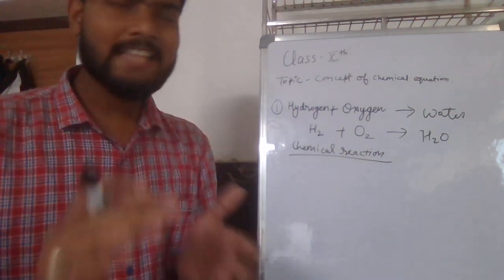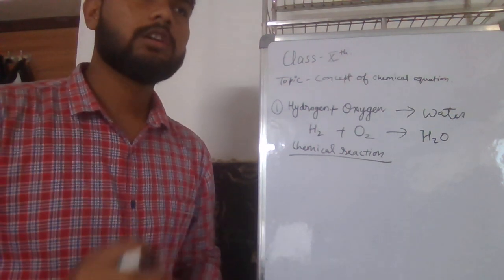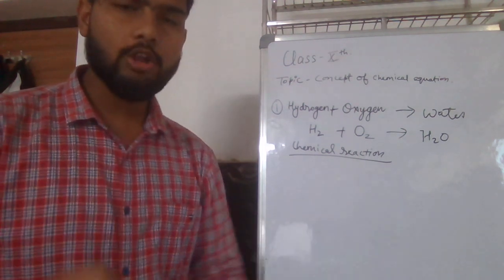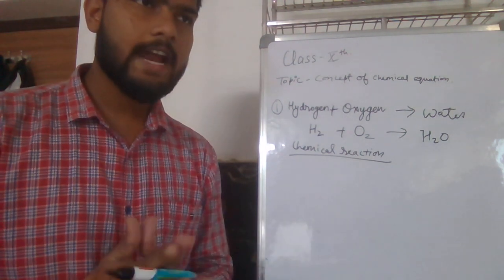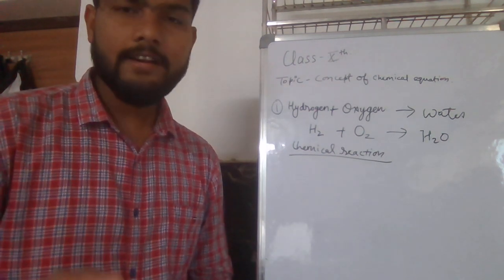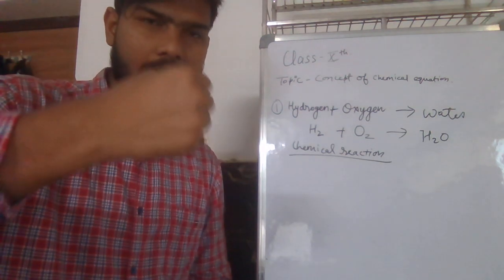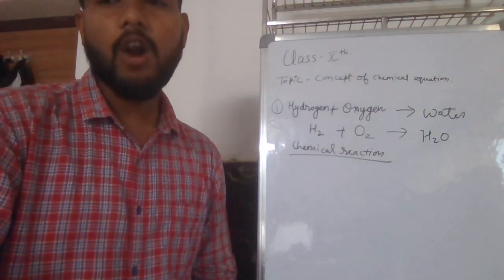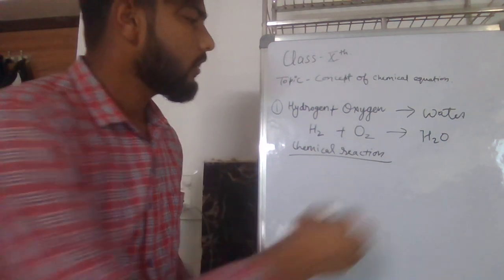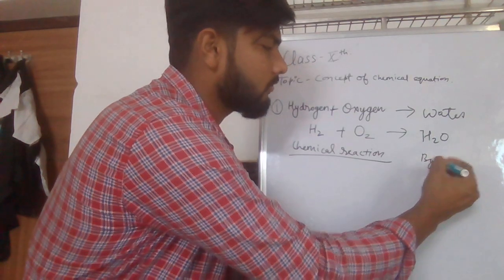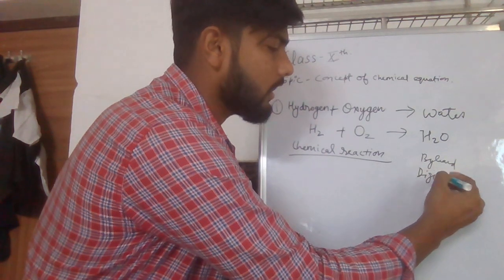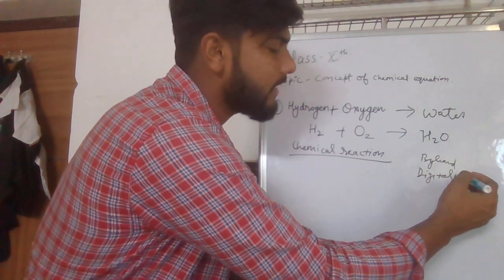So now, as we have seen in shops or in a lab, there are weighing machines. One is digital, and one is held by hand to measure the weight.